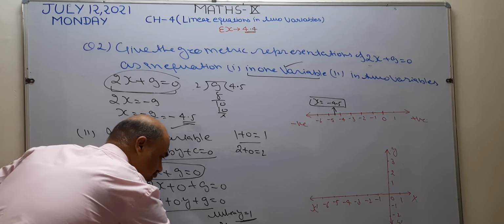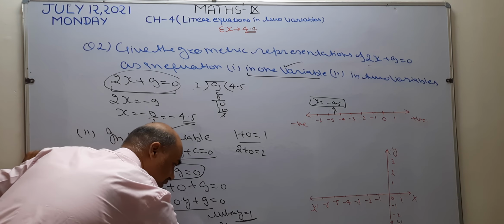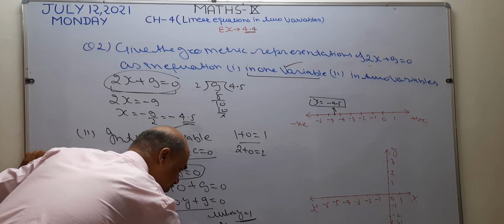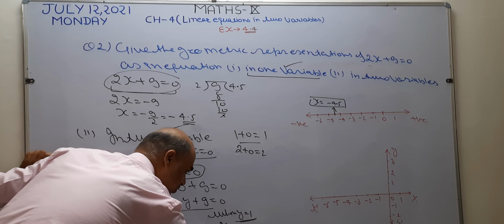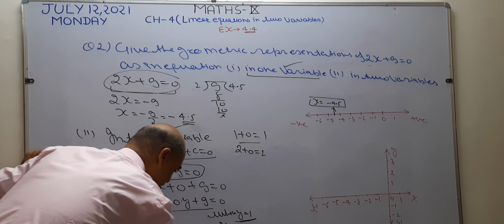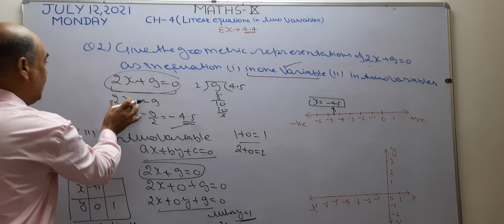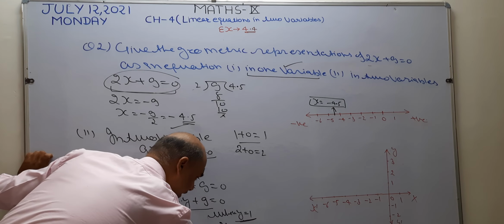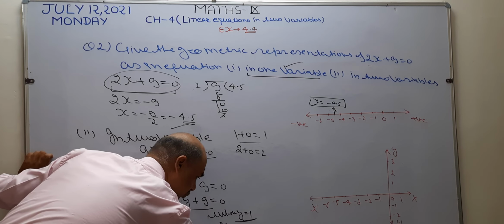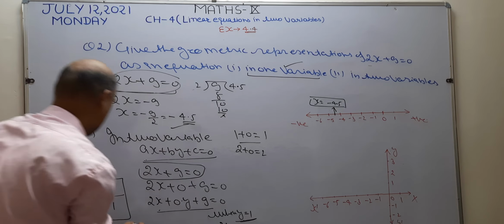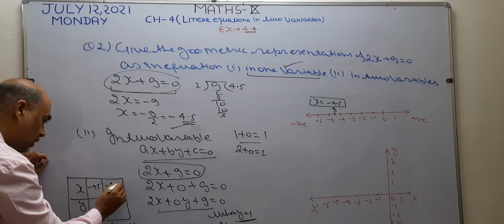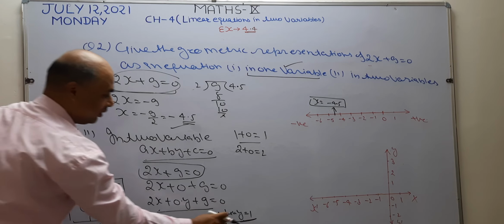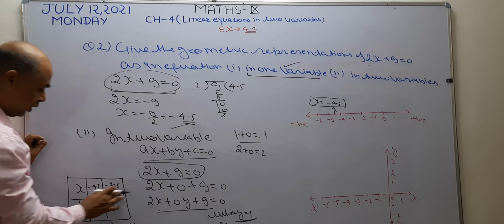As you know, 0 into 1 is 0, 0 plus 9 is 9, and the same equation comes. When 2x plus 9 is there, the value of x becomes minus 4.5. The same value is there. In the same way, you can take y as 2, 3, 4; the value is going to remain the same.